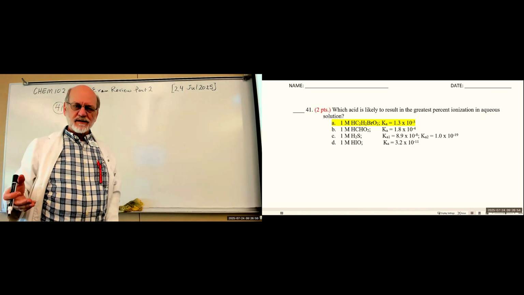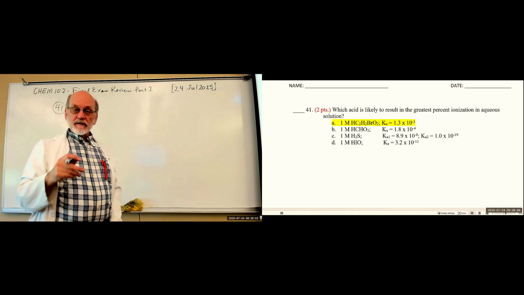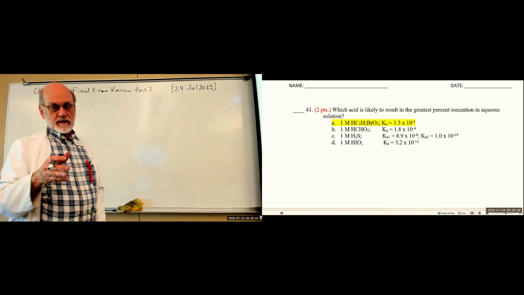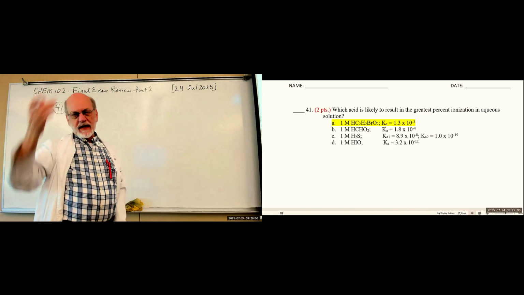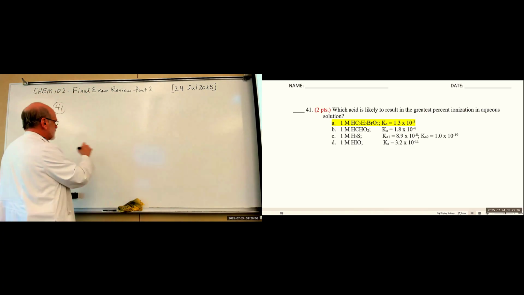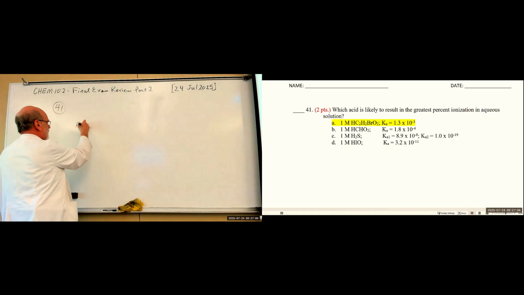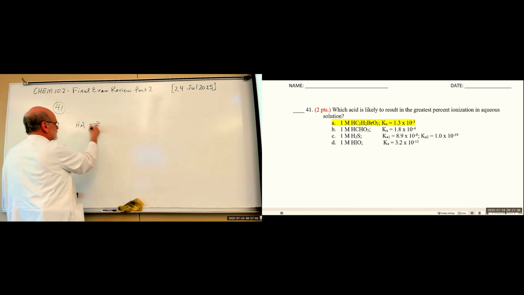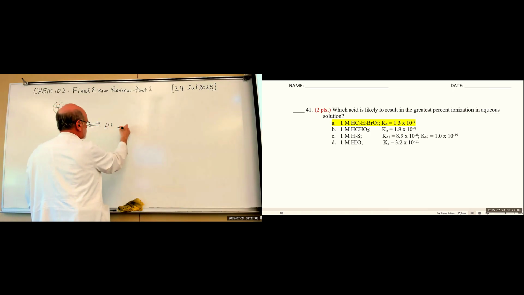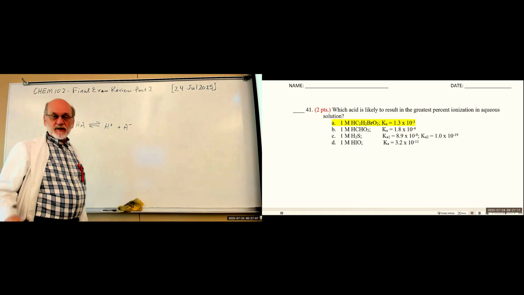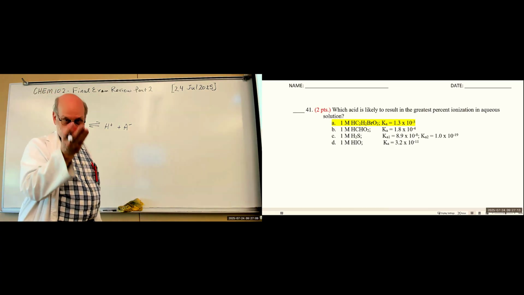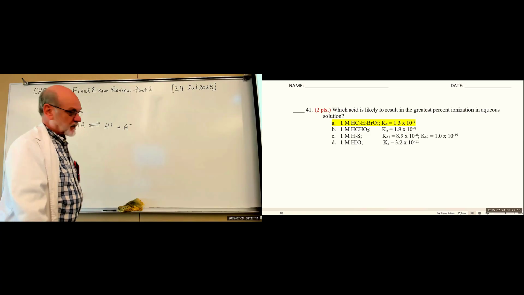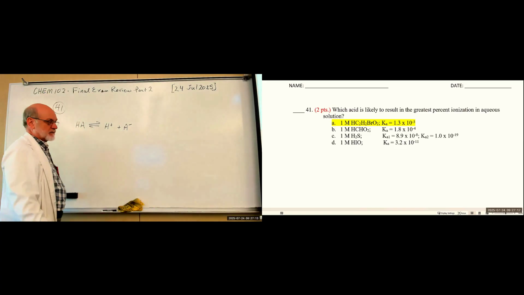Greatest percent ionization. Well, these are all the same concentration. So the K, if we just take a generic, say HA, is going to yield that plus that. And A can be any of the conjugate bases derived from those acids. They're all the same concentration.